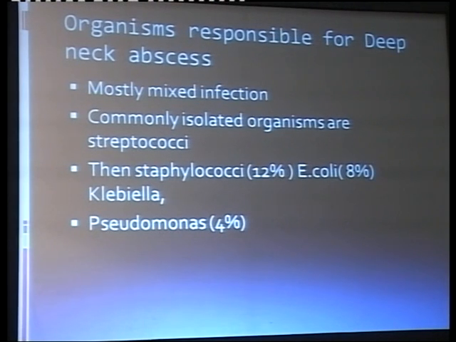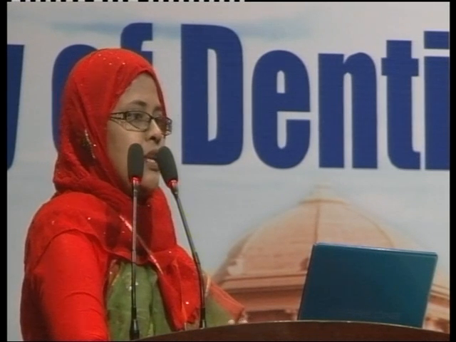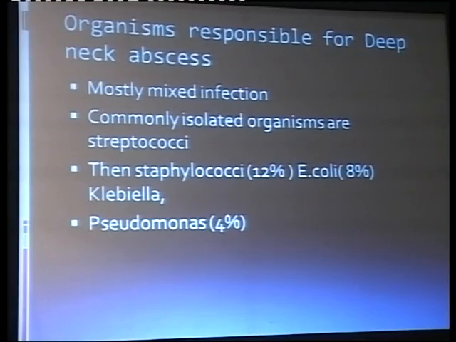Organisms responsible for deep neck infections, actually the deep neck infection is responsible for mixed type of organism. There are different types of organism, gram positive, gram negative, anaerobic, etc. But most commonly found the streptococcus species.